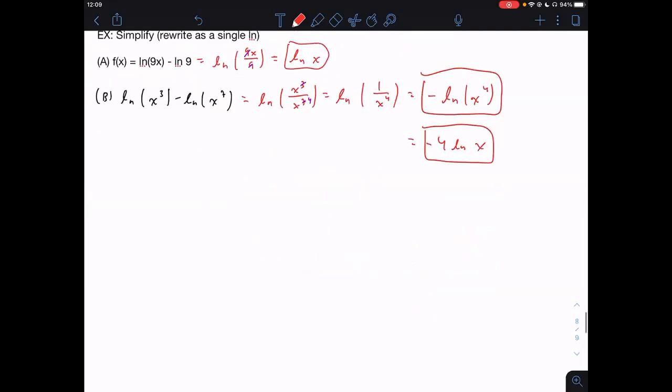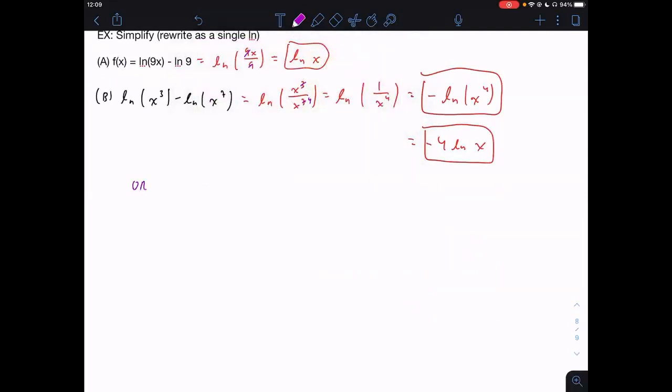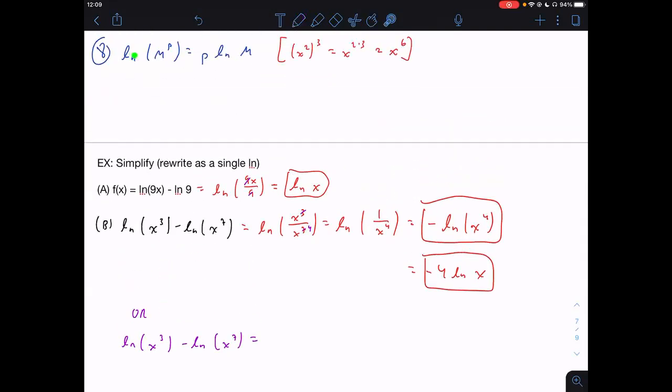Or we have another approach we can take to this problem. Again, here we have the natural log of x to the third minus the natural log of x to the 7th. What we can do first here is use property 8, because in these two terms we have a number represented by x being raised to a power, in this case x to the third and x to the 7th.